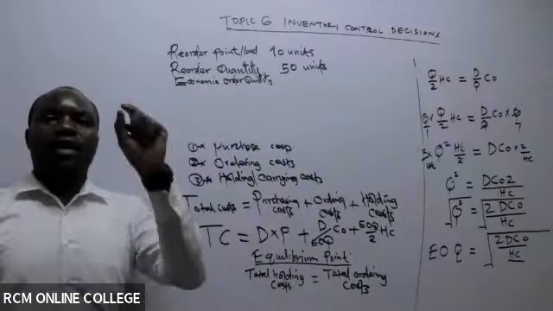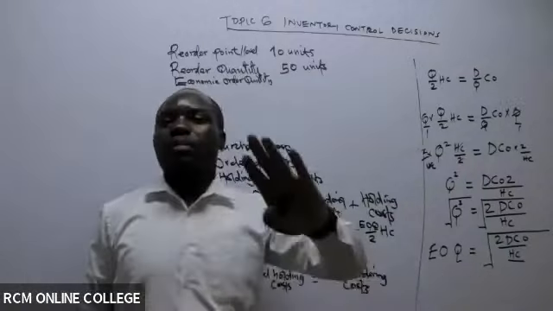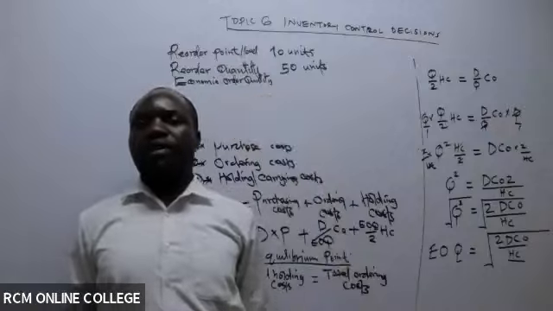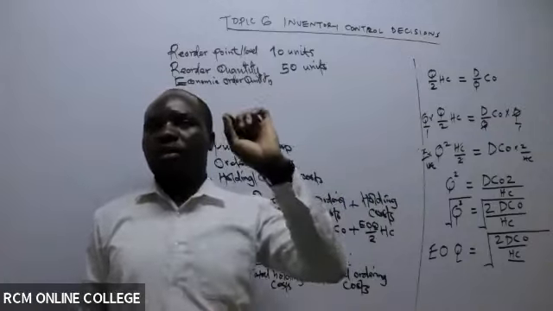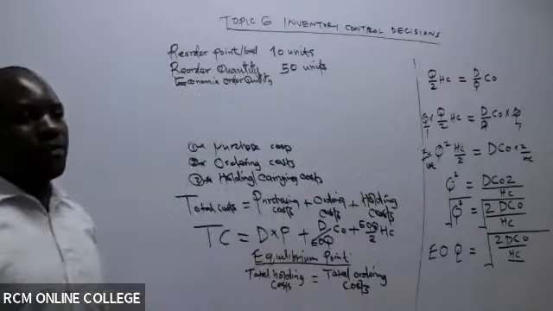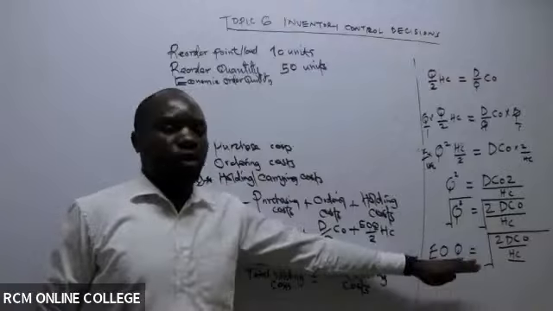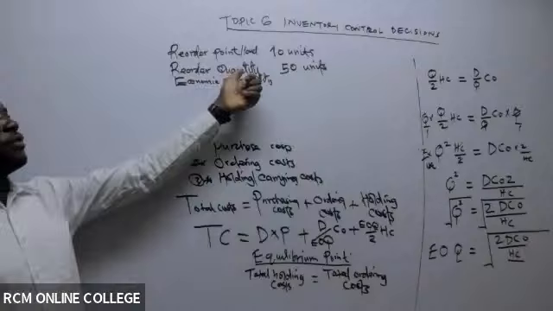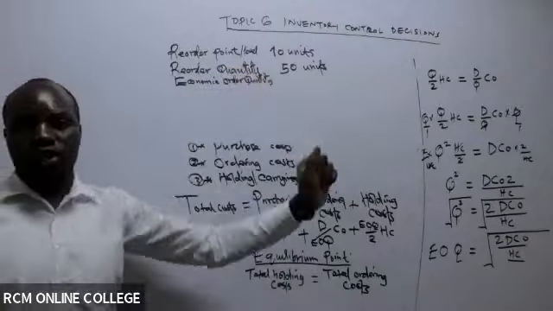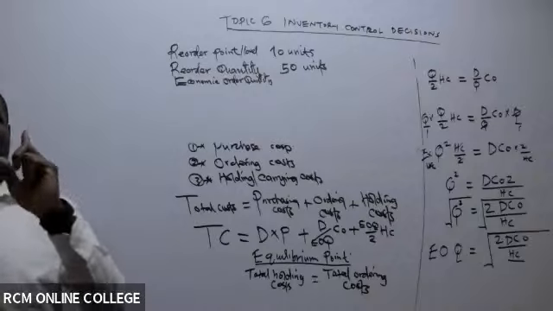Instead, the examiner will tell you that holding cost is 20% of the purchase price, or 15% of the purchase price. With that information, you should be able to get economic order quantity. And once you have it, you go ahead and use it in place of reorder quantity.